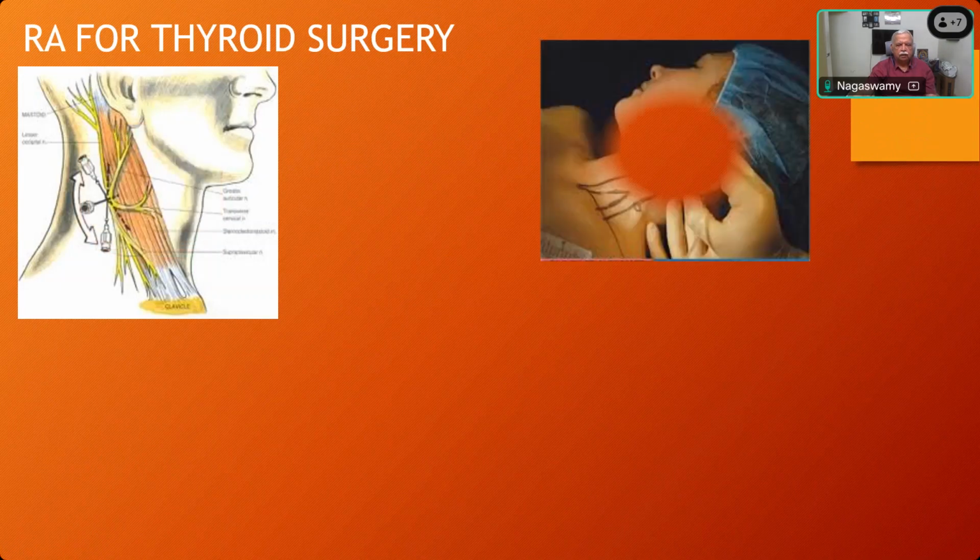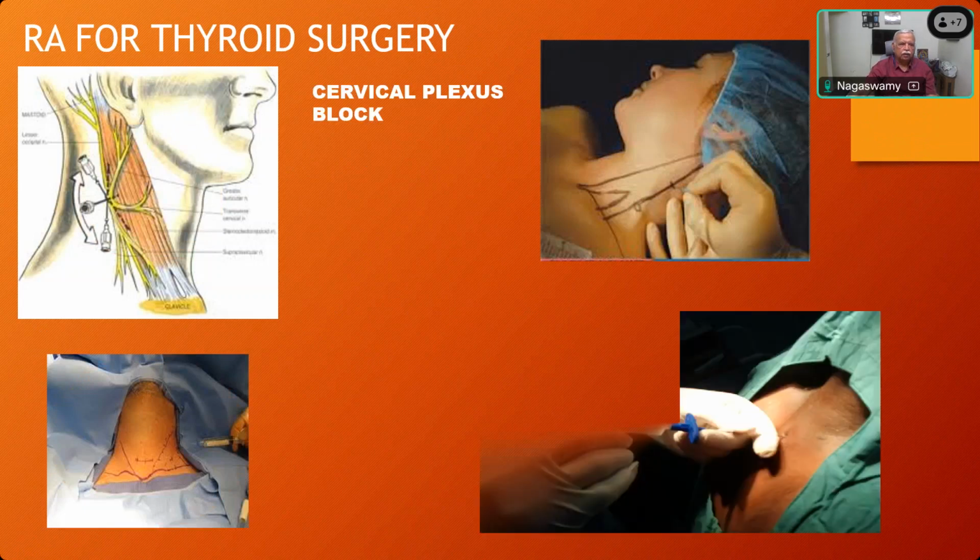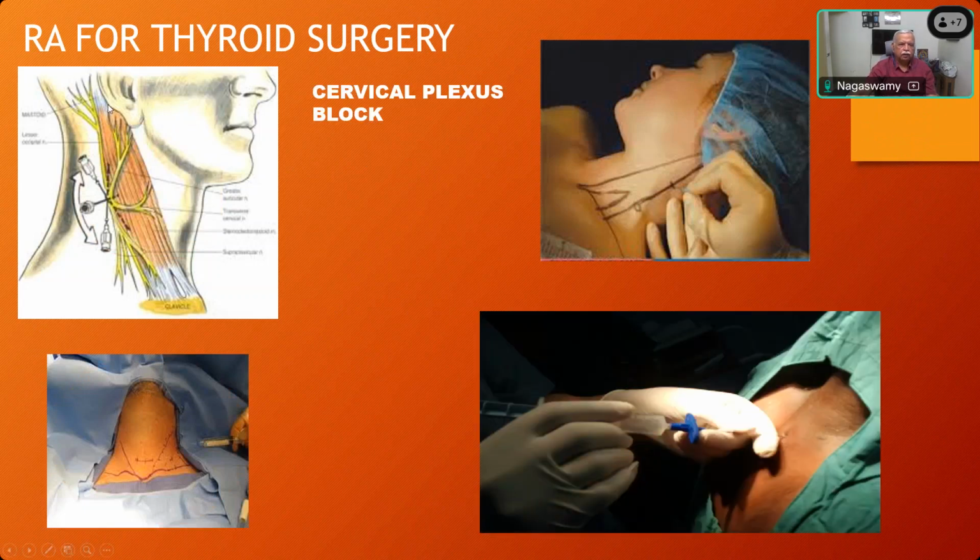Some of the papers have been done earlier. For small resection or a hemithyroidectomy, you can use these techniques, which is nothing but a superficial cervical plexus block, which is given by this, the sternocleidomastoid, the lateral border. You inject in the middle and then turn the direction upward and downwards, and we will require about 15 to 20 ml of local anesthetic.